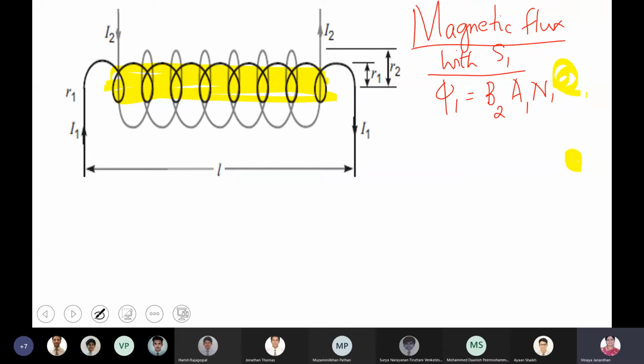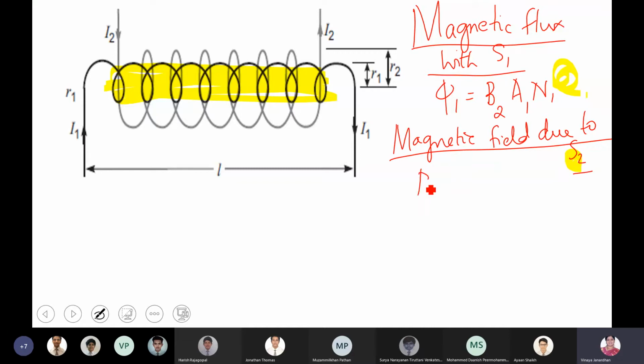Now let us find the strength of the magnetic field produced by S2. So magnetic field due to S2, B2, is equal to, it's a solenoid, mu naught n2 I2.